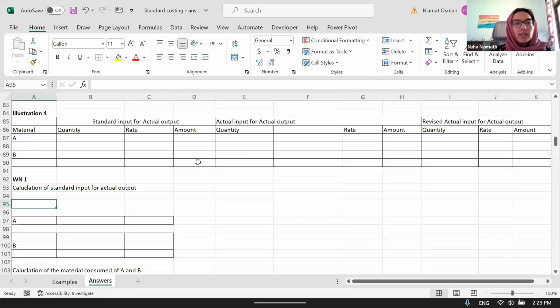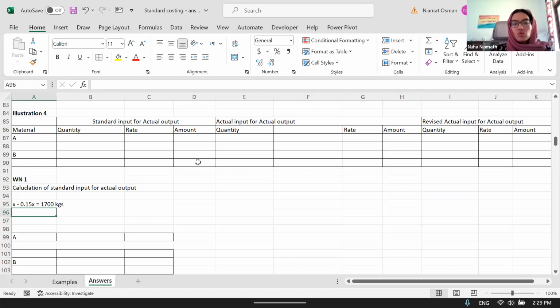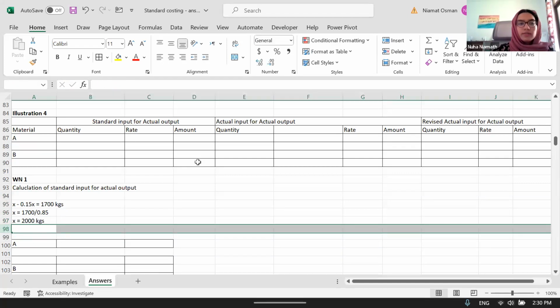Just for clarity, we know that x, let it be the input, minus 0.15x is equal to 1700 kgs. Correct? So x is equal to 1700 divided by 0.85. X is equal to 2000 kgs. Right?